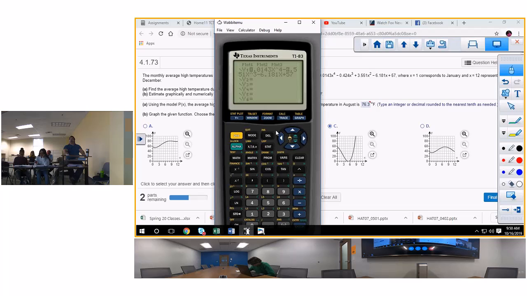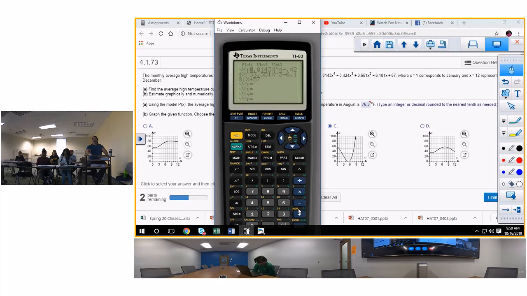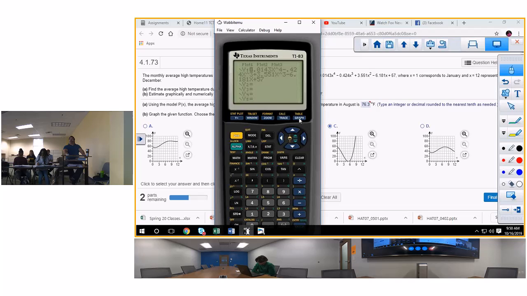Minus, second insert, -424 x to the what? Third. X to the third plus, yes, plus. Okay, is that it? Yes.